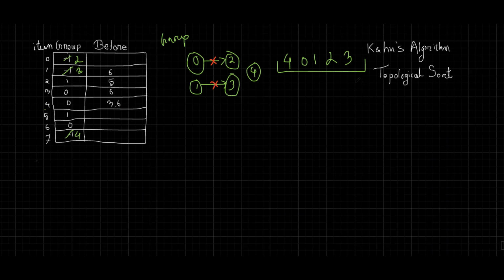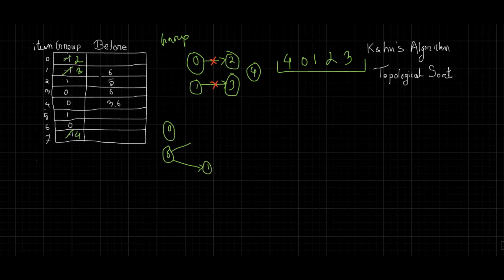Now let's make a graph by using the items. So here for the item 0, it does not have any dependencies. So we will simply put 0 here. For the item 1, we have the dependency 6. So 6 must come before the element 1.